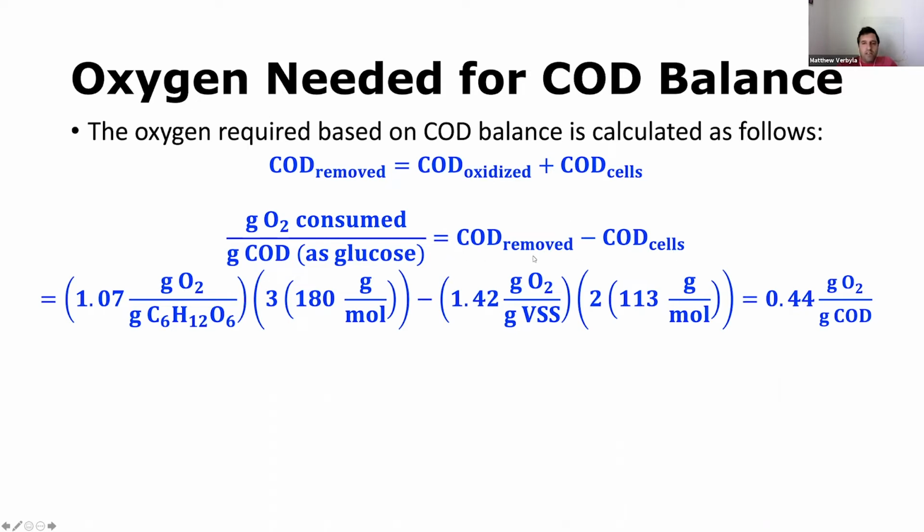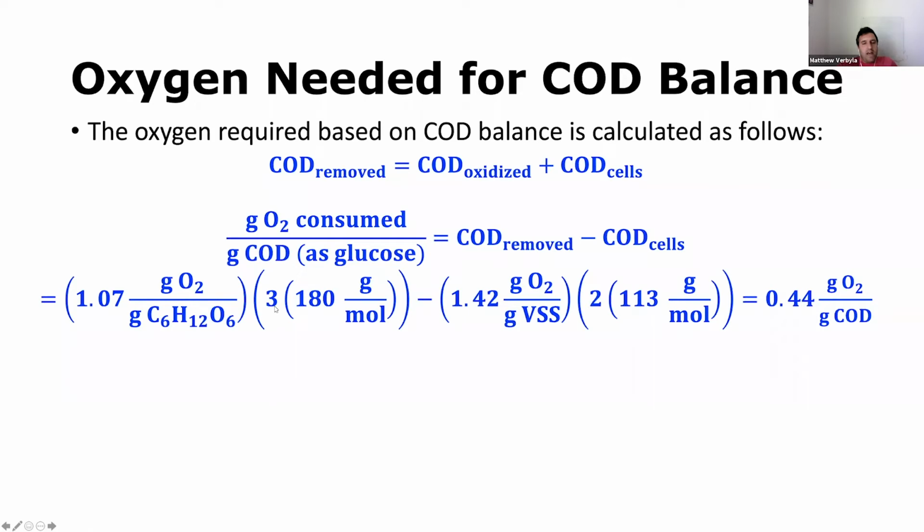So based on the previous slides, we know that the COD removed has an oxygen equivalence of 1.07 grams per gram, right? 1.07 grams of oxygen for every gram of glucose.